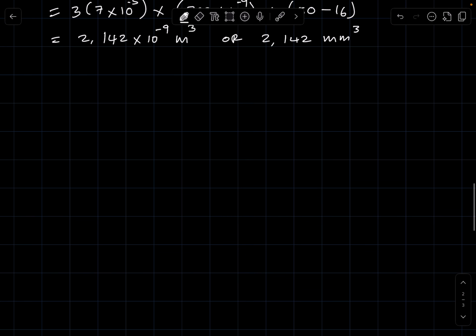So for 8.1.2, we want to get the change in volume of the glass, which will be equal to gamma of the glass times the original volume of the glass times the change in temperature.